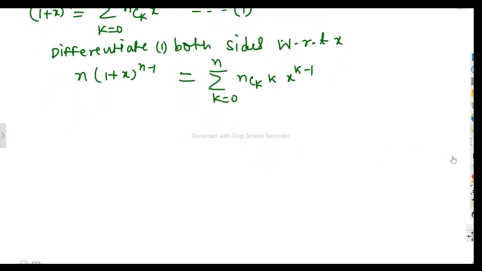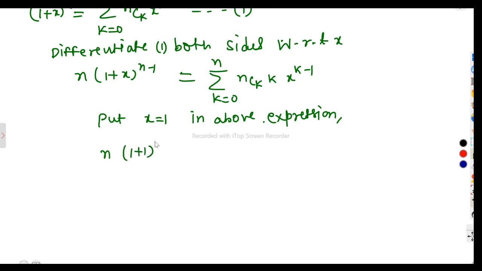Again, if we put x equals 1 on both sides in the above expression, this is equal to n into 1 plus 1 raised to power n minus 1, and this equals the summation k equals 0 to n of nCk times k, with 1 raised to power k minus 1.